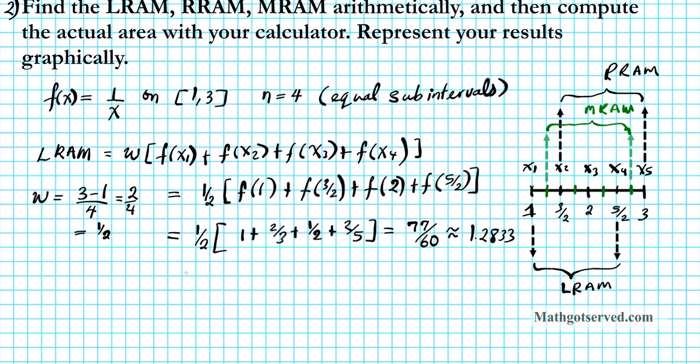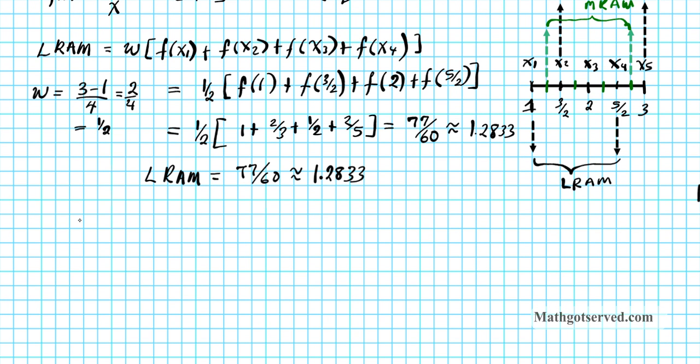So LRAM, left-hand rectangular approximation, is equal to 77 over 60, or in decimal form, 1.2833.